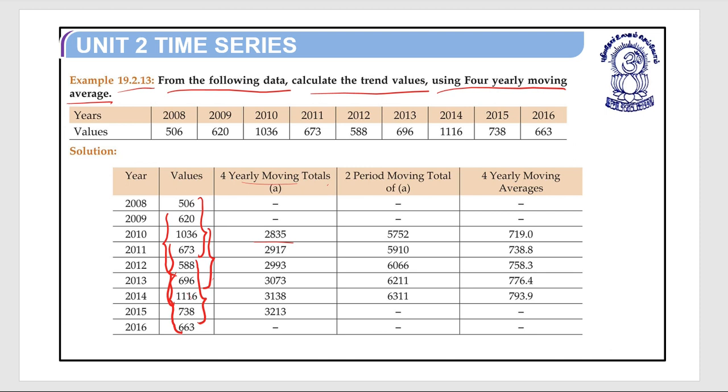So you will get the 6 values for the 4-yearly moving totals.